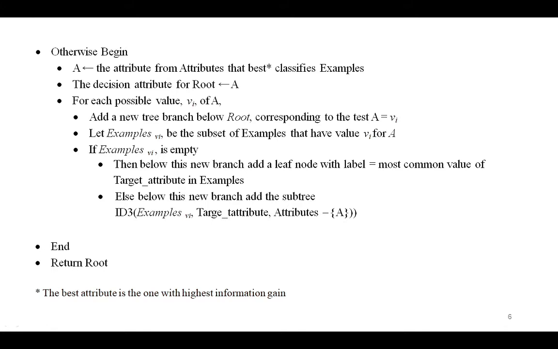So this is how the ID3 algorithm works. Here the best attribute is the one with the highest information gain. This is the summary of the ID3 algorithm, which is specialized to learning boolean valued functions.